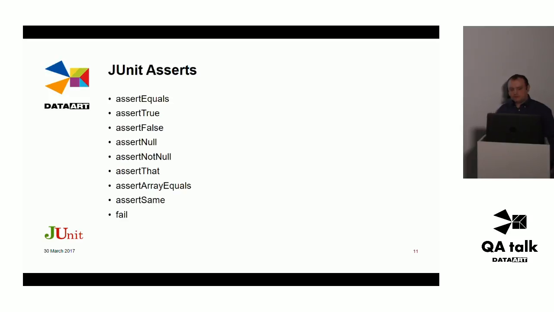And for example, if we compare with JUnit 4, there was like assert that, as I remember. I'm not sure about JUnit 5, but this one is used for Hamcrest. As I know, Hamcrest was included in JUnit 4, but it's not included in JUnit 5 because there is no need to do this, and we will talk about this further.